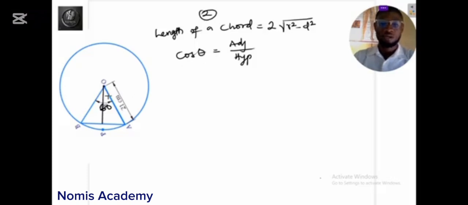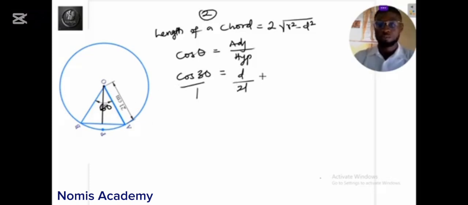Therefore, our theta now is 30 because I'm dealing with this part of the triangle. So cos 30 equals adjacent, the apothem you're looking for, which we represent with letter D, all over the hypotenuse, which is 21 centimeter.